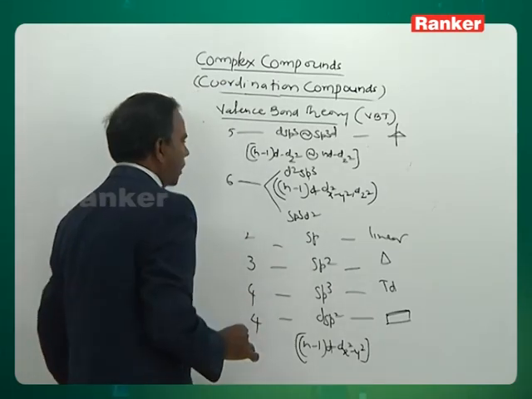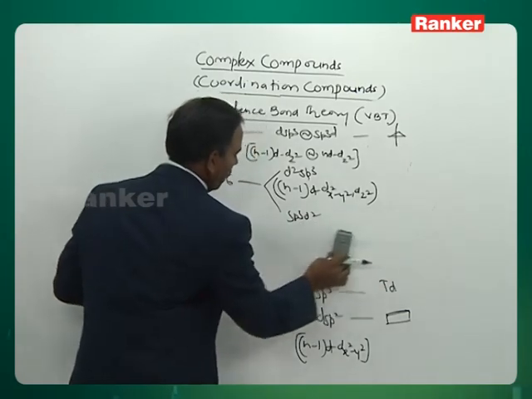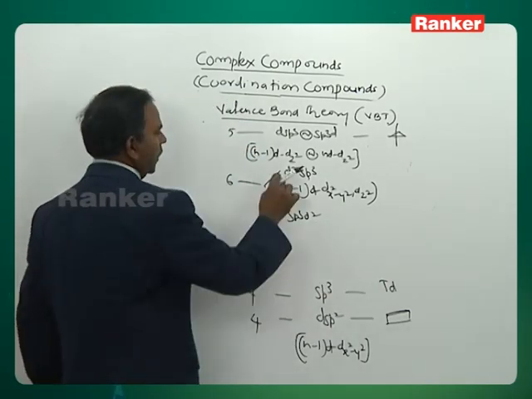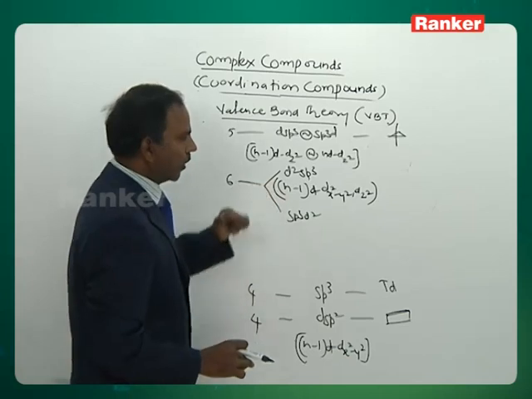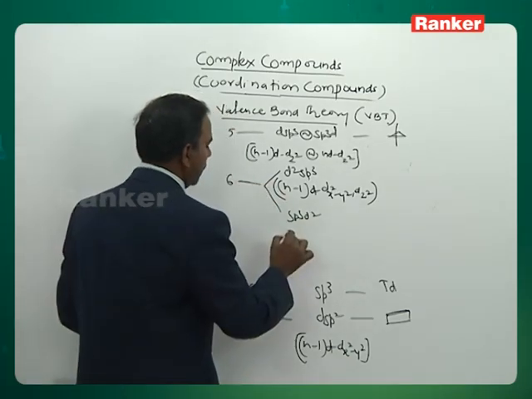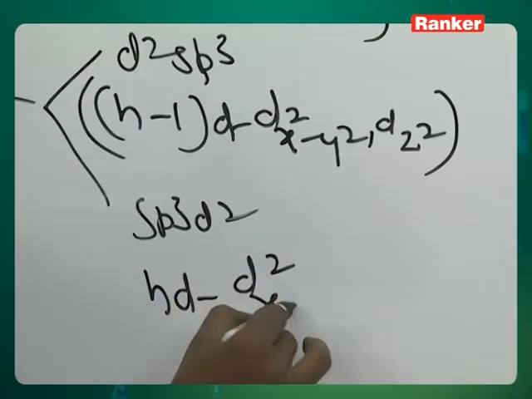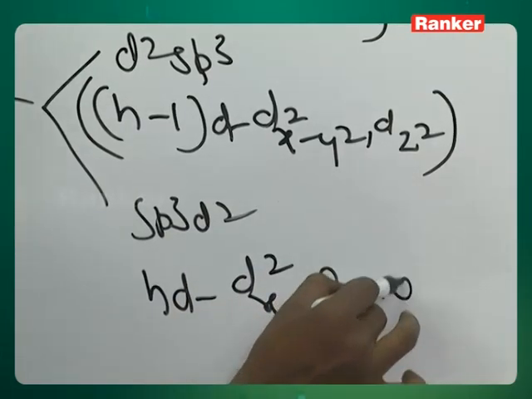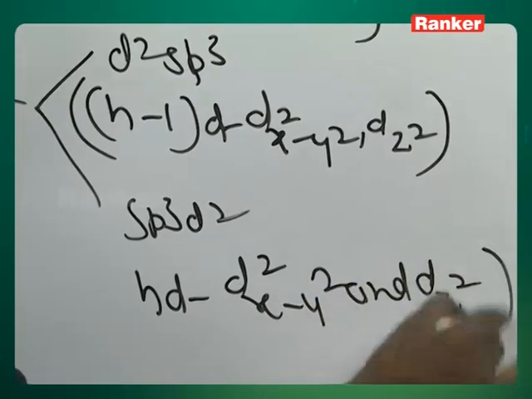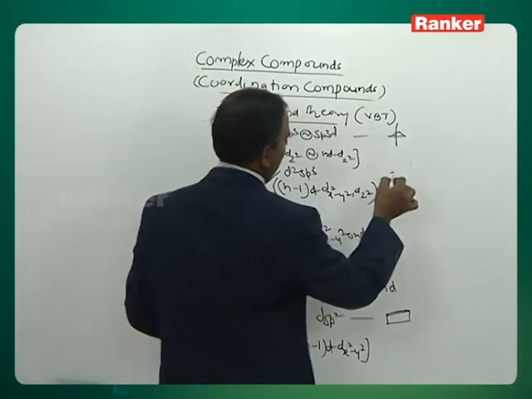Once you talk about the outer orbital complex, sp3d2, it is outer d orbital, which we represent like this: nd. This will be dx square minus y square and dz square.